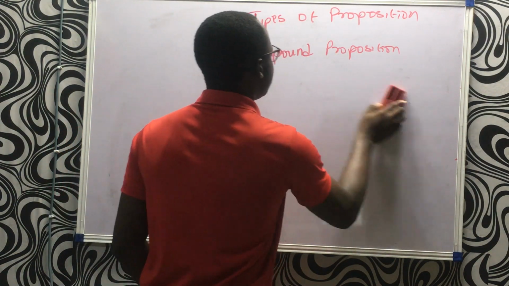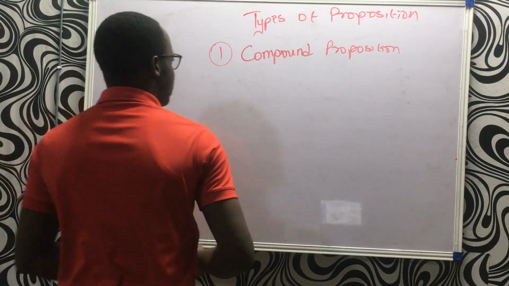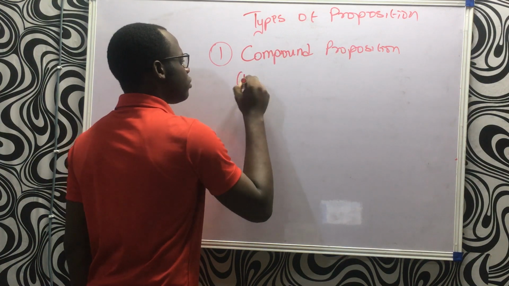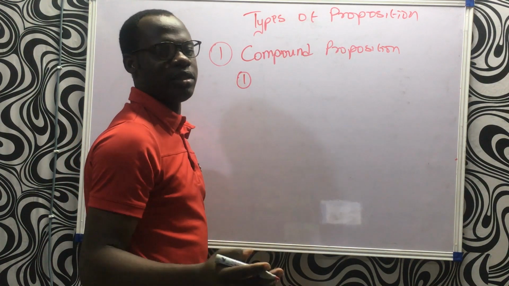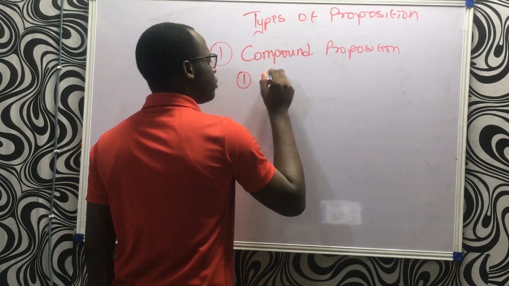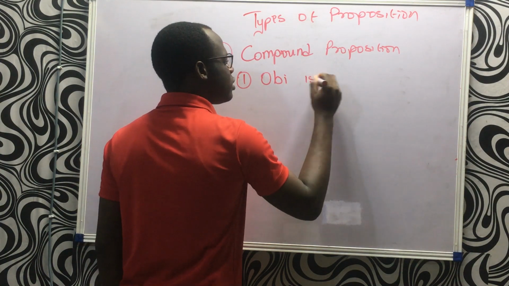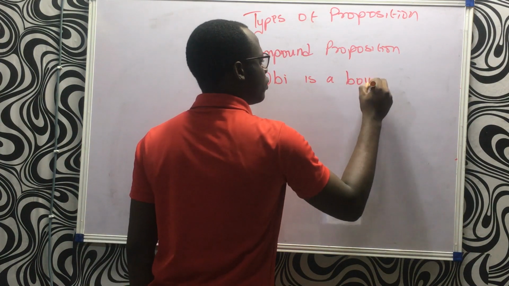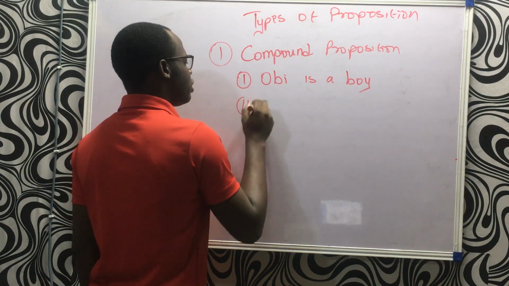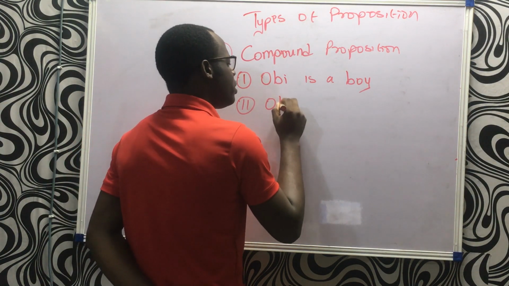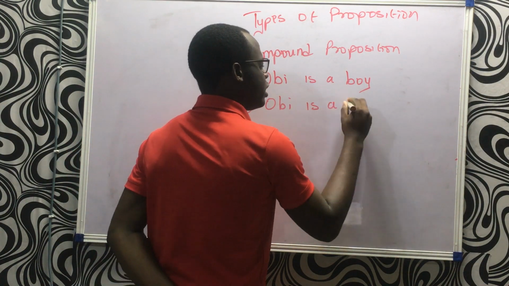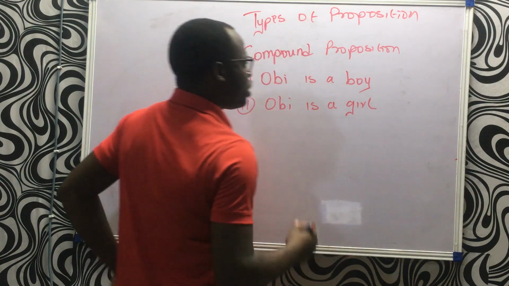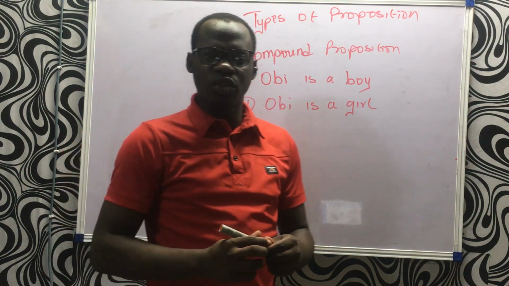You can also have another example of a compound proposition, where you have a statement and you say Obi is a boy. And then you also have statement number 2, which says Obi is a girl. So in a case like this, what conjunction do you use?